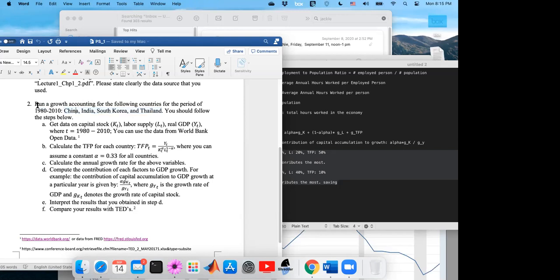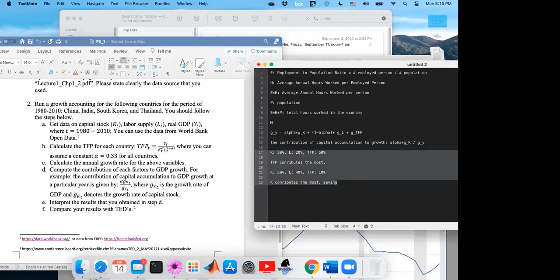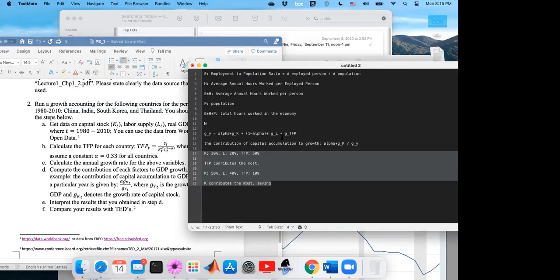But the point of this homework is, first, to give you good practice in terms of data. Number 2, understand growth accounting. And number 3, this is a good exercise for you to interpret the data, like I just showed you here. Okay?